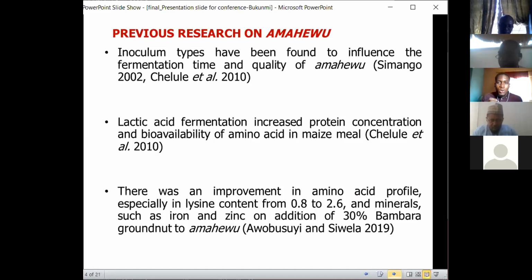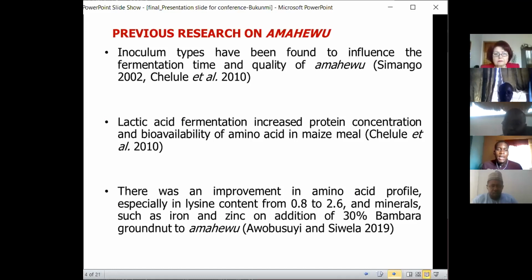During previous studies, we came to know that the inoculants used to cause the fermentation of Amaheu have a very great impact on its quality. As we all know, garbage in, garbage out. In 2010, Chelule used different kinds of inoculums and found that the organisms responsible for the production of Amaheu are basically lactic acid bacteria and also yeast.